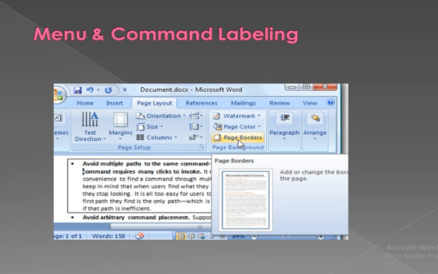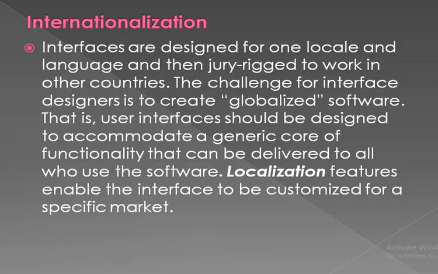Suppose you want to save information in a Word document, what will we do? Control S. This is a kind of command. We need to provide such facilities also in our application. If such a facility is not there, then seeing this type of menu layout will become very frustrating and confusing for the end user.